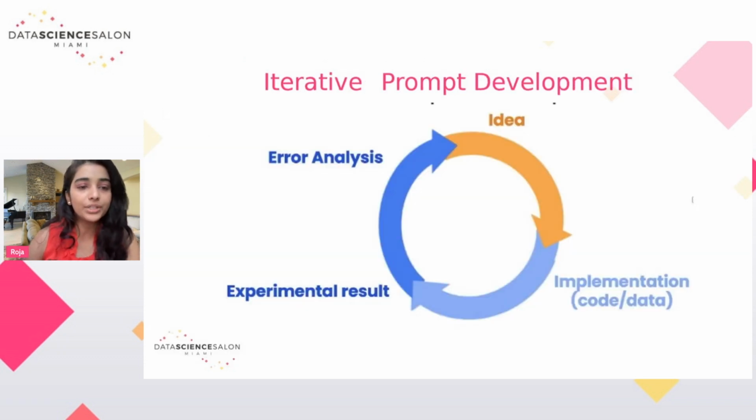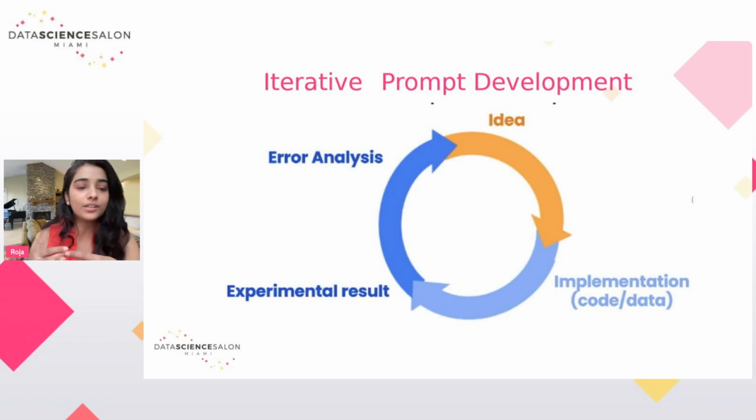Just like how we do our development, even with prompt development we can consider an iterative approach. You can write or develop a prompt for the very first time to give to your model. You can implement it, see what desired output you have got out of that prompt, and check if you have got any errors.